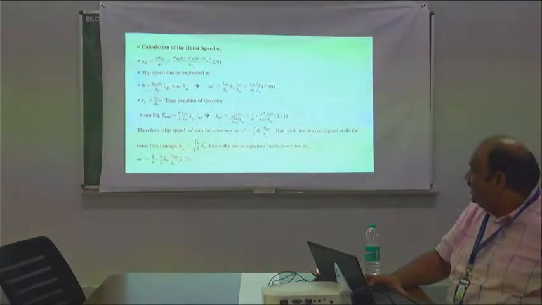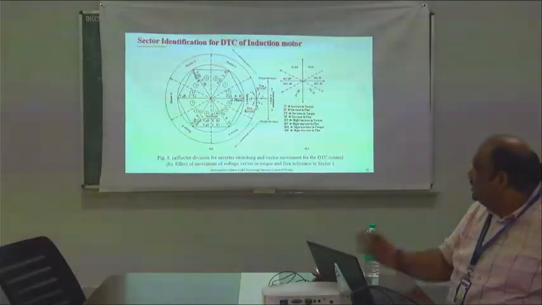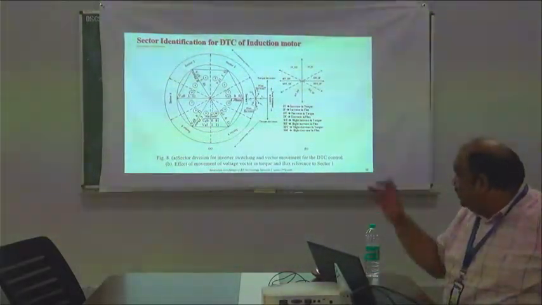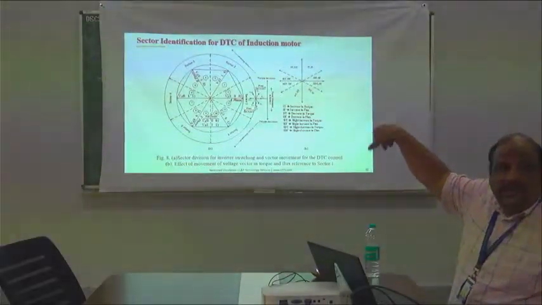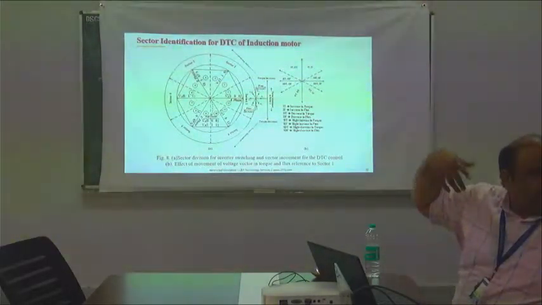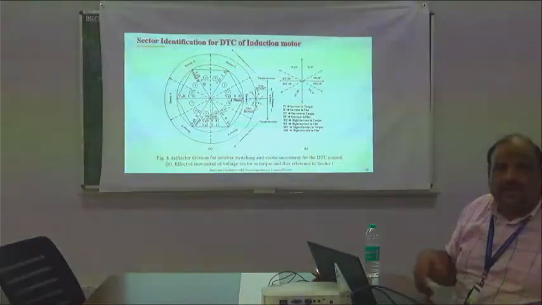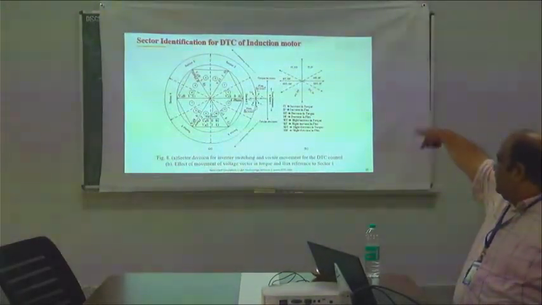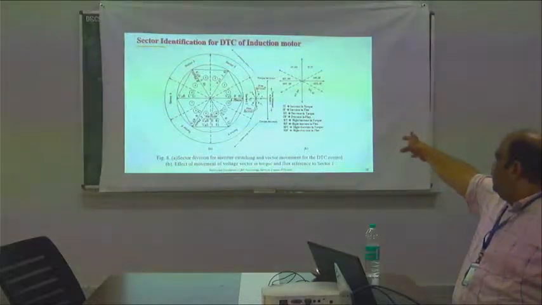I'll give the PDF of this, showing how we are generating that. This is how the sectors work, and you need to train the vehicle in all these sectors: where to increase, where to decrease, where to settle my speed. Simply, if you learn this sector, the DTC is completed.